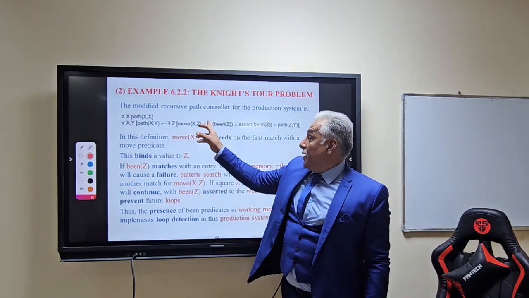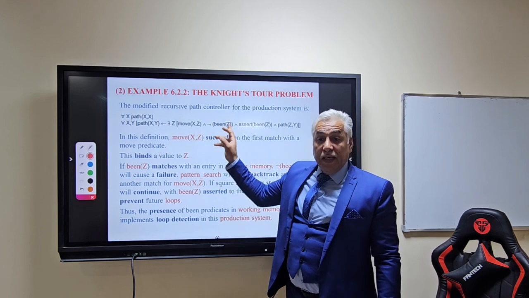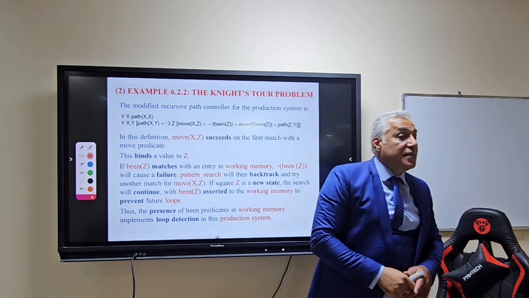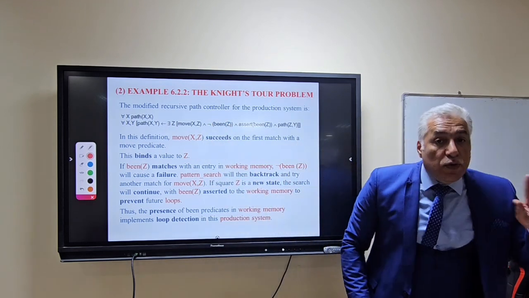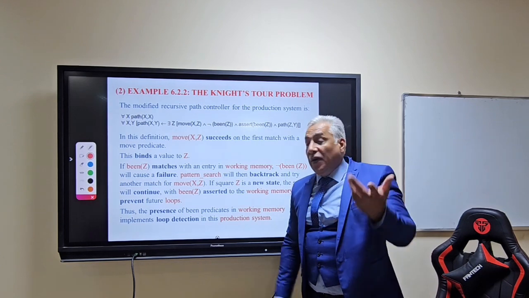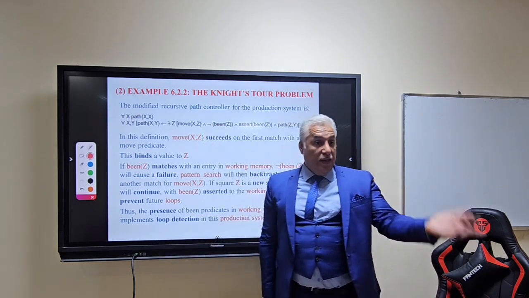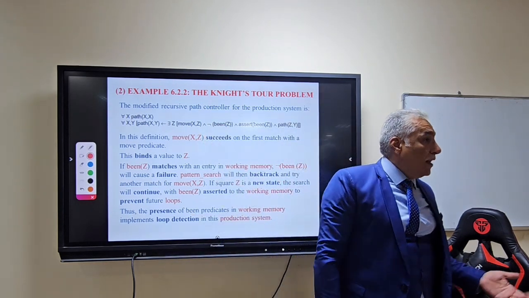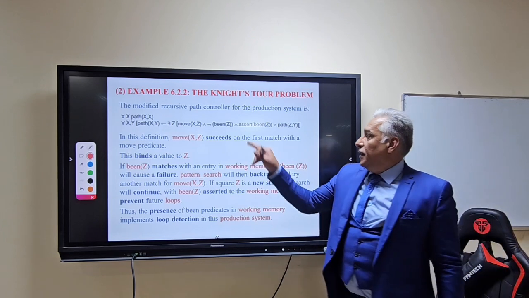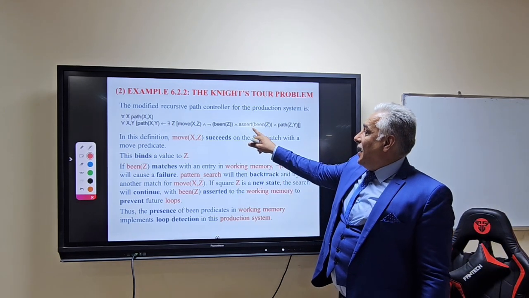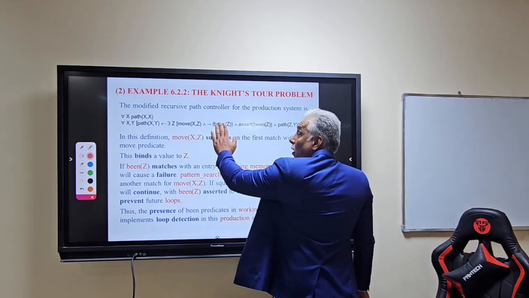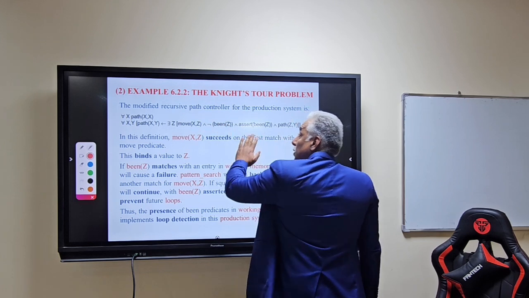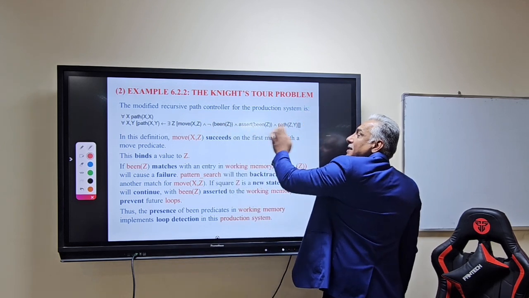But when I use not pin Z, that means Z was not visited, because not changes the truth value to its negative. Is it true? And if it is correct, I will continue to assert pin Z.